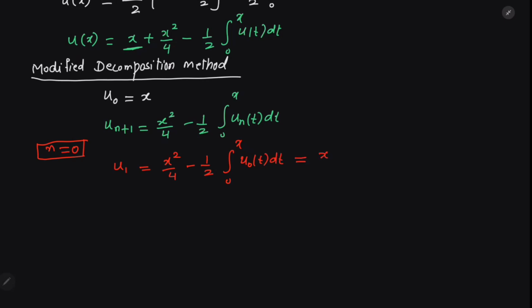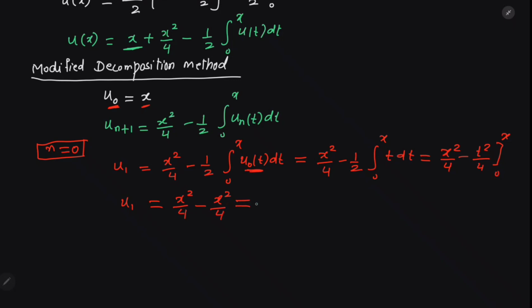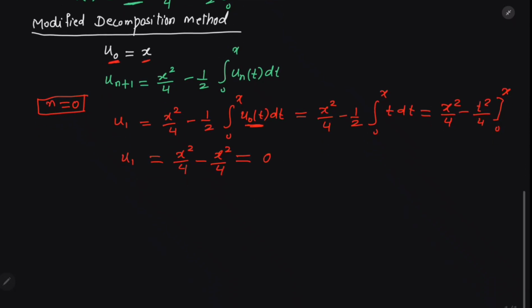That will be equal to x squared by 4 minus 1 by 2, integral 0 to x, and we know that u naught is x, but since it is t over here, so that is t dt, and we have x squared by 4 minus t squared by 4, 0 to x. So u1 will be equal to x squared by 4 minus x squared by 4 when we apply the limit, so we get u1 is equal to 0.